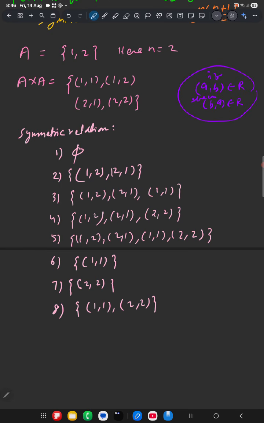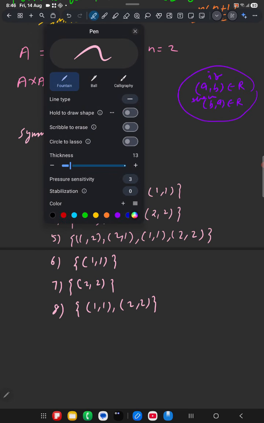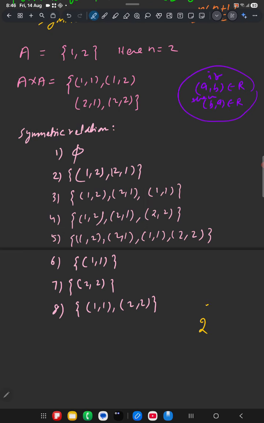If you use the formula also, 2 raised to the power 2 into 2 plus 1 divided by 2. So 2 2 cancel, 2 power 3, and this is 8. Yes or no? Formula was what? 2 raised to the power n into n plus 1 by 2.